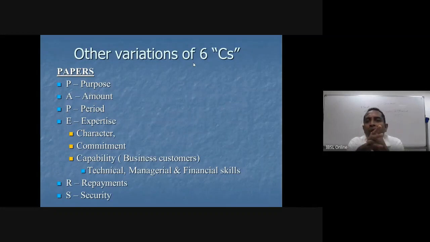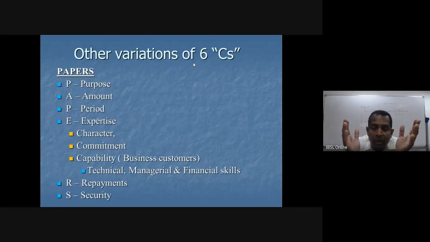Then we use this PAPERS model. We look at the purpose before lending. Purpose of the facility request, the amount they have requested, whether they are in a position to repay. What is the purpose they need money?